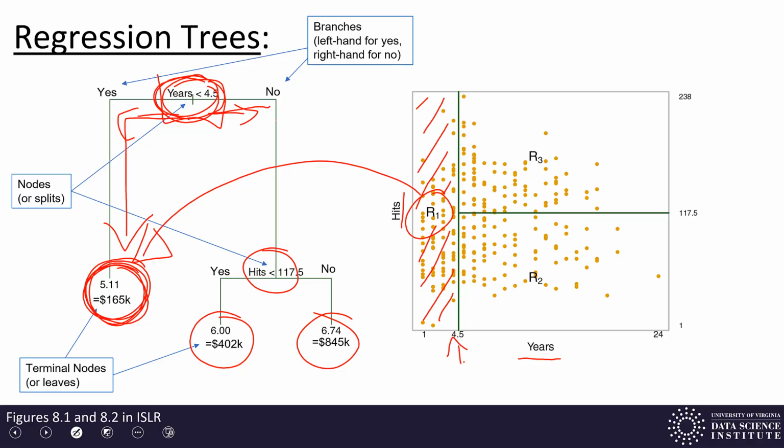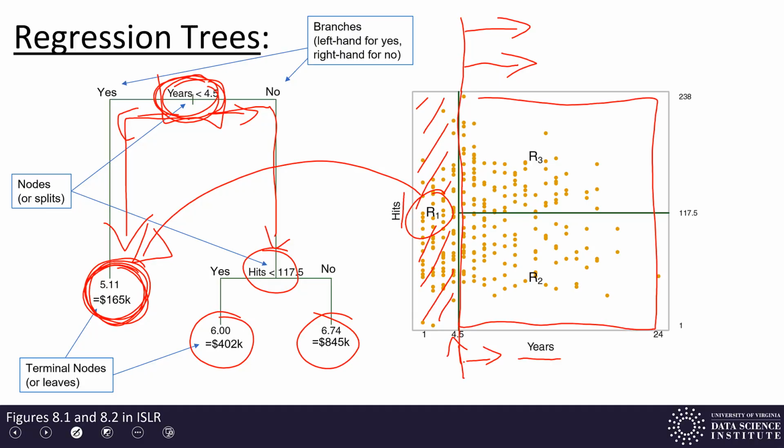If we follow the right-hand branch and go down to the hits, so the right-hand branch is everything with years greater than 4.5. So it's this box. Everything inside there would go down the right-hand branch, then hits less than 117.5.